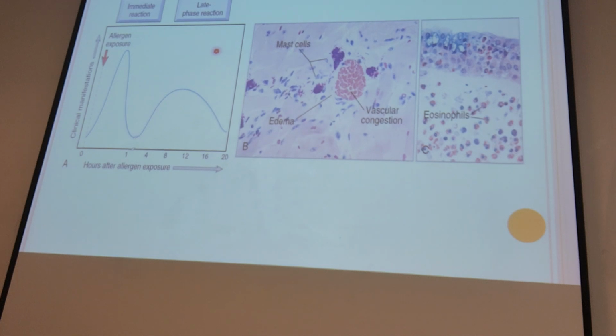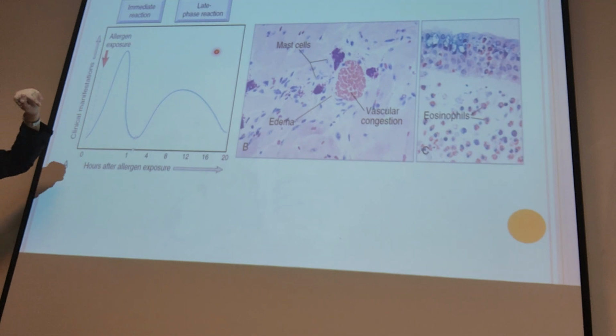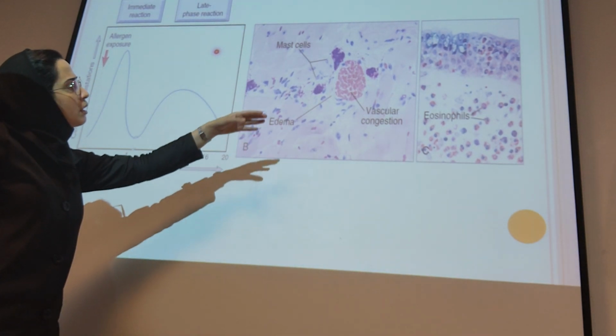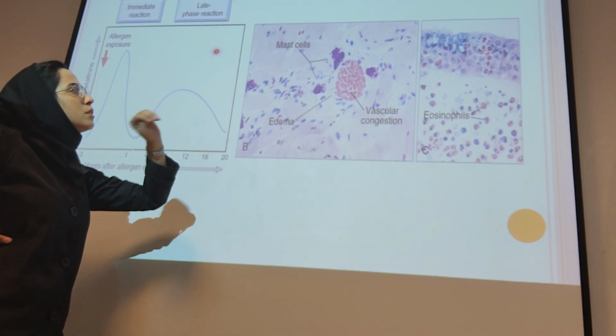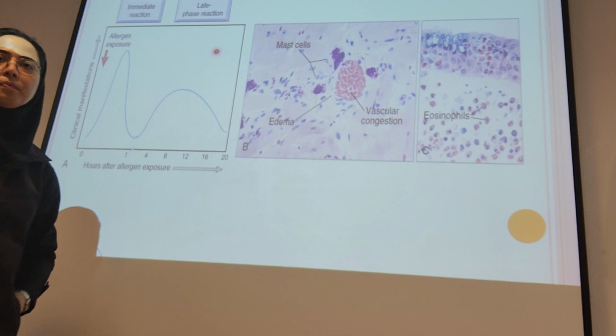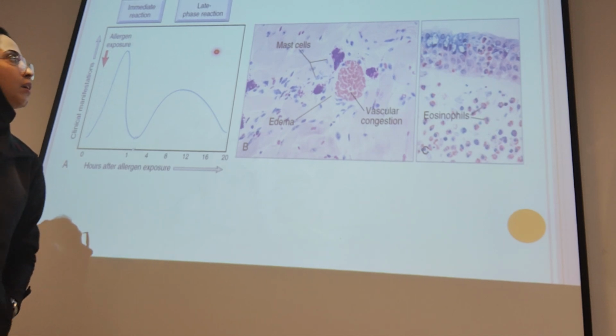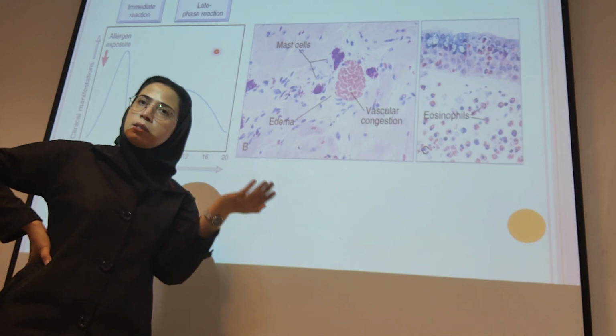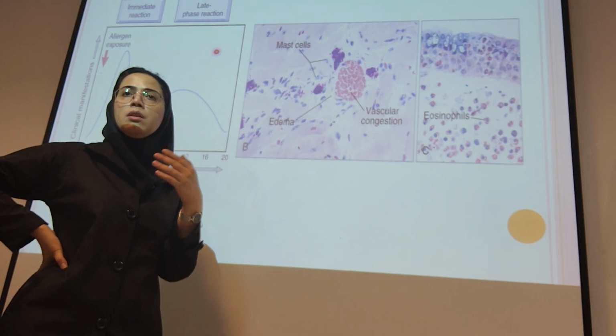Okay, I told you that we have different kinds of reaction to allergens. Immediate reaction and late phase reaction. What do you see in this picture? Is it immediate or late phase? Late phase because of edema. No, edema is early. Oh, right.